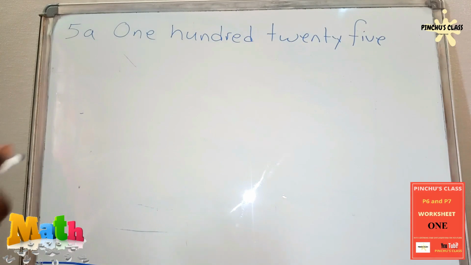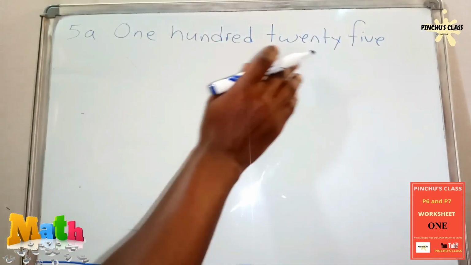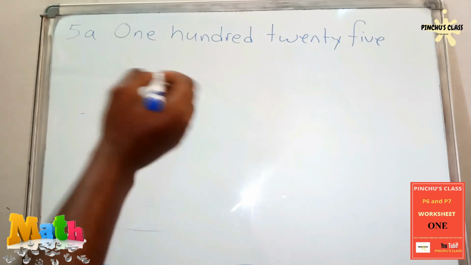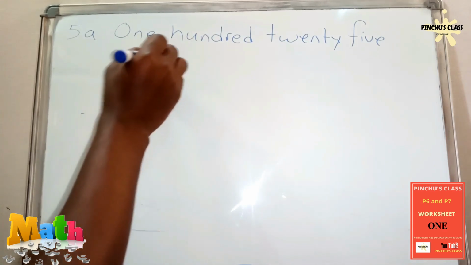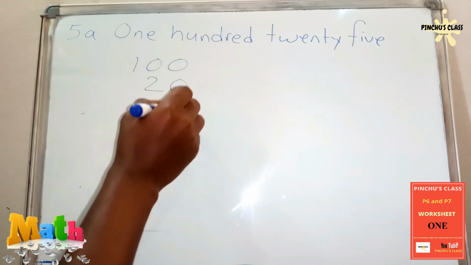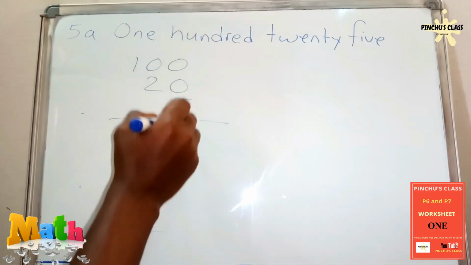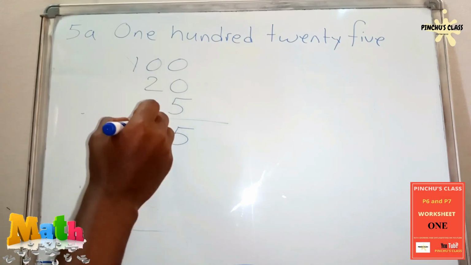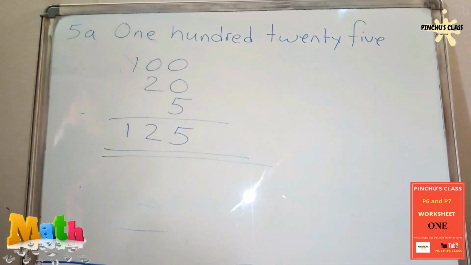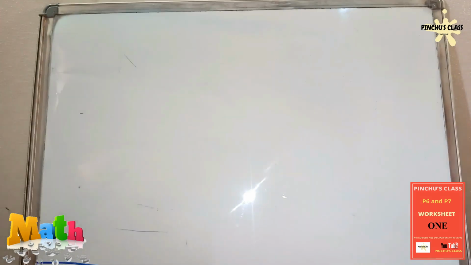So what you do here, you first arrange these numbers in their respective place values. We have 100, and also we have 20, and also we have 5. So this is going to be 5, this is going to be 2, and this is going to be 1. So that is the figure for the number.